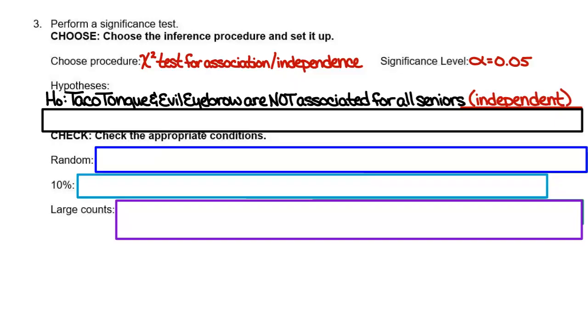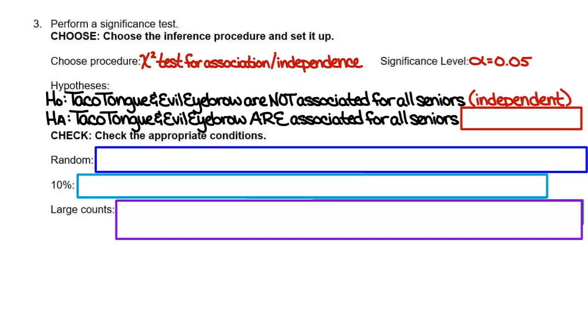Independent means there's no relationship between these 2 variables. A change in one variable does not affect the other variable. A change in the second variable does not affect the first variable. And so then what would the Ha be? Yes, that they are associated, that there is a relationship.